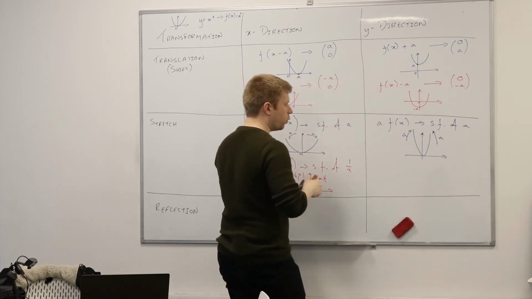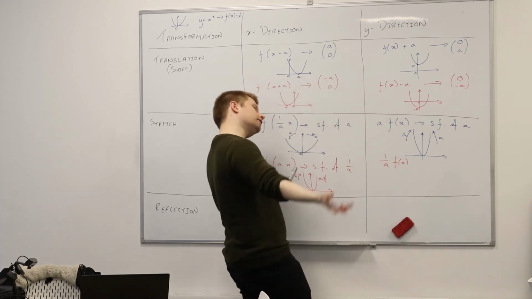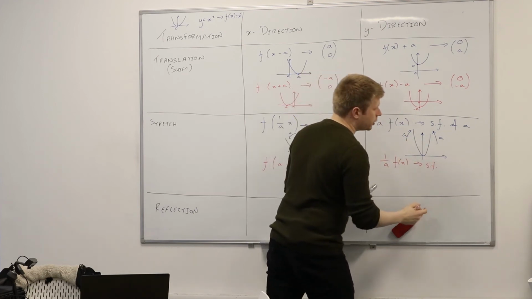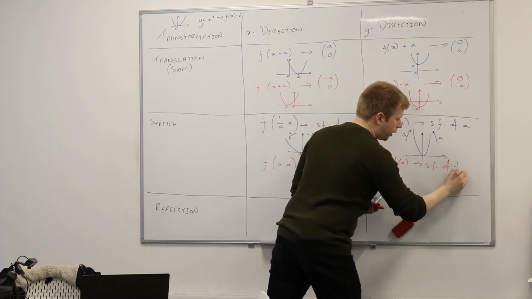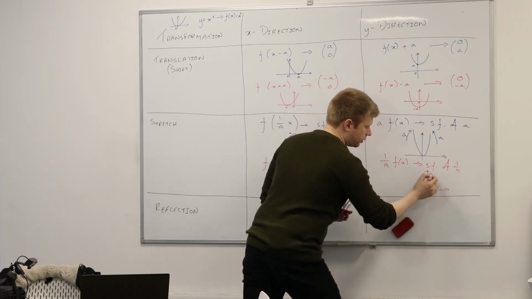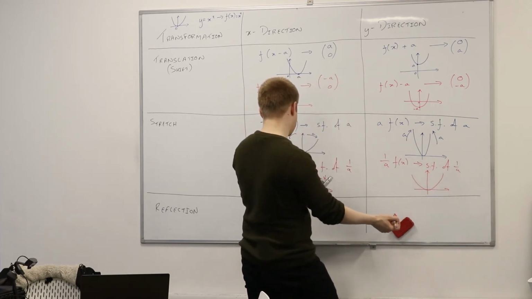And likewise, if I do 1 over a, f of x, so I do my function first, then I divide it by a, that's a stretch in the y direction by a scale factor of 1 over a. So in other words, somebody's come along and just made it a little bit thinner, I guess.